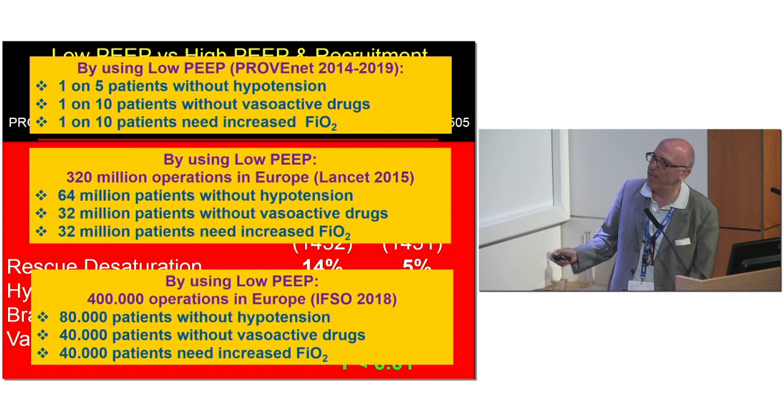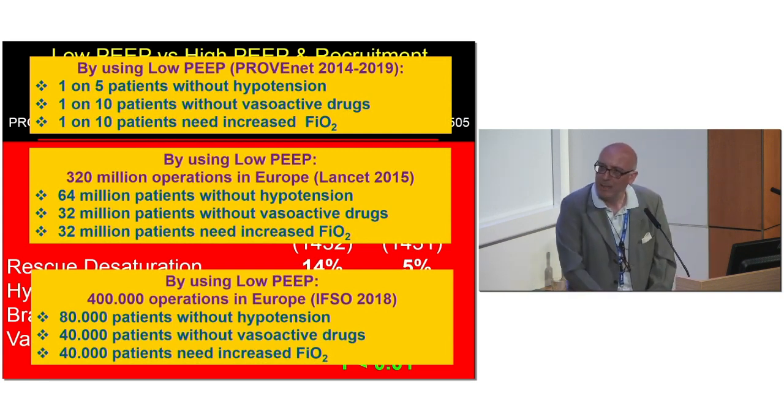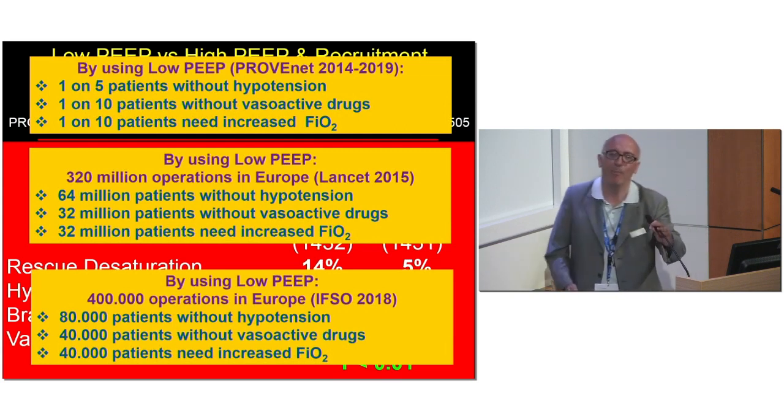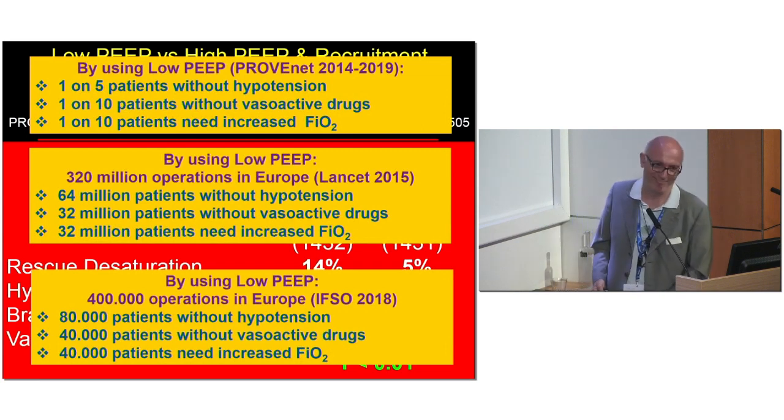And in obese patients, from IFSO 2018, we can save almost every year 120,000 patients from hypotension due to the PEEP and vasoactive drugs. This, I think, is why randomized trials are also important.